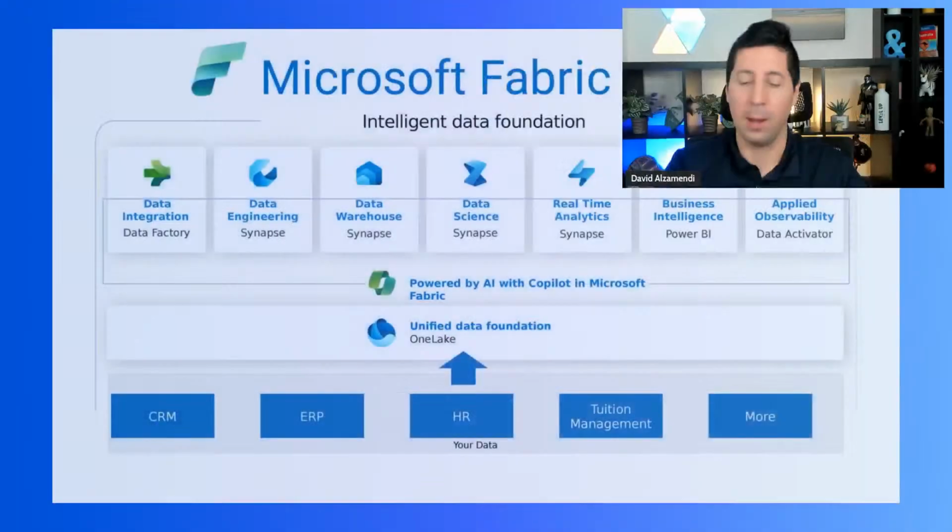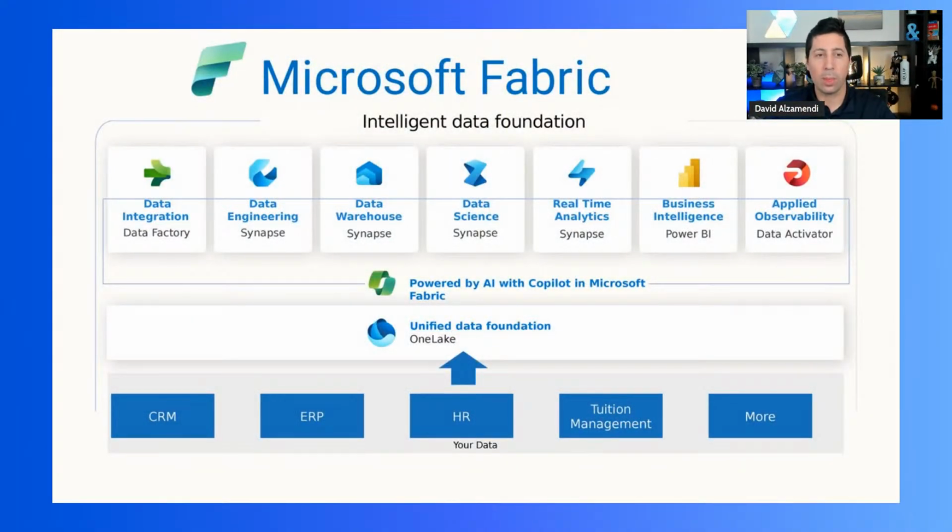All right. So when you look at Microsoft Fabric, a quick recap. When you are moving the data from your source systems within Microsoft Fabric, all the data is going to be stored in the logical data store of OneLake.